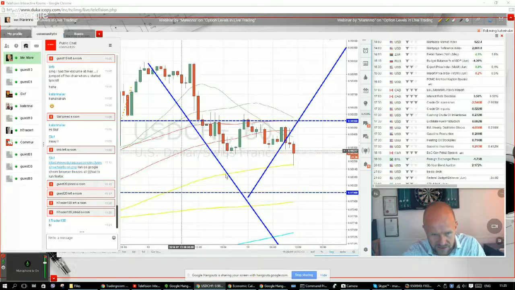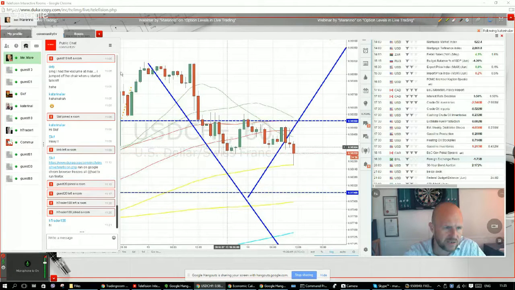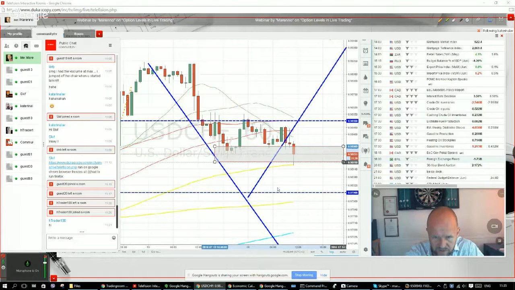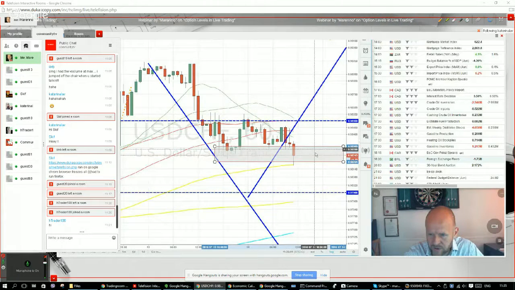And we also see a possible reversal area around here. And the price has already triggered all the stop losses below this area here.